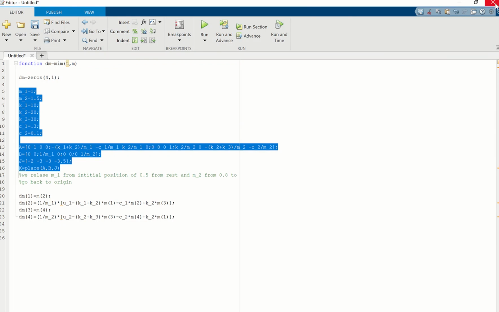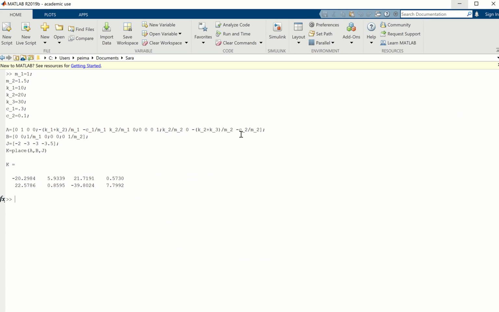So here we go. If I run it, now you have 2 rows of gains. One of them is for mass 1, another is for mass 2.